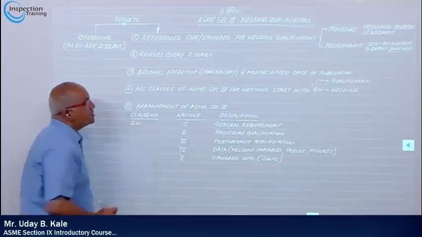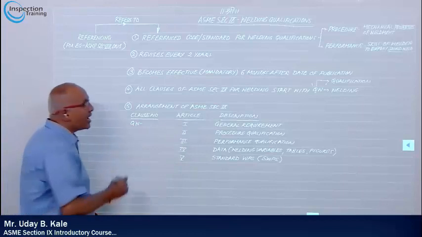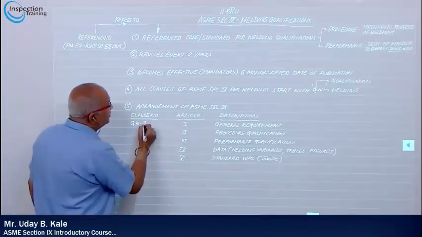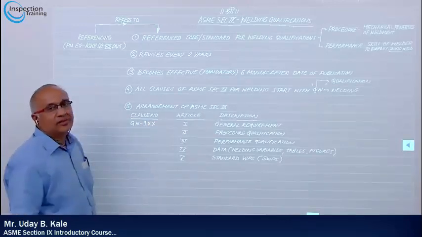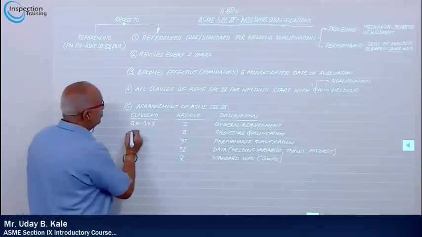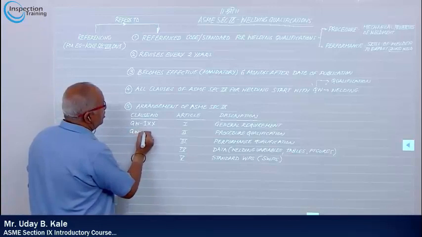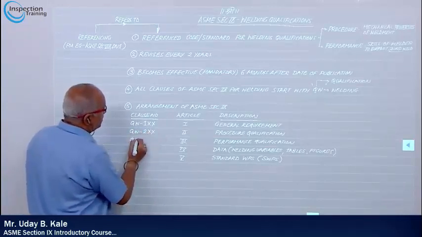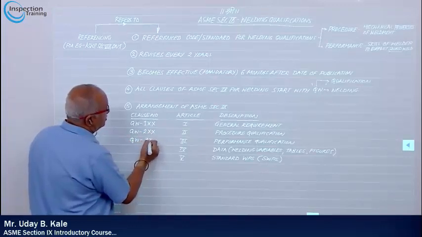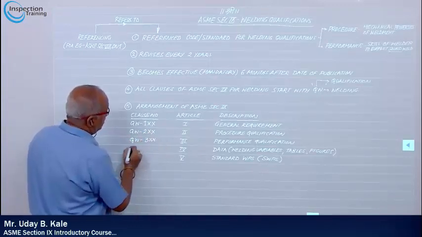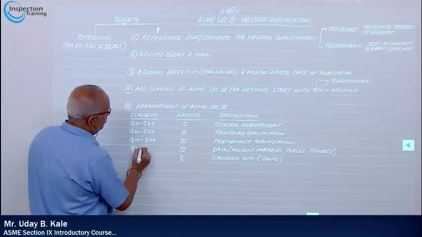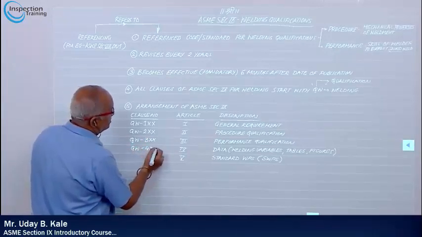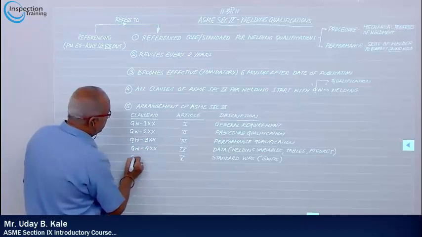All clauses of Article 1 will start with QW 1XX. All clauses of Article 2 will start with QW 2XX, Article 3 with QW 3XX, Article 4 with QW 4XX, and Article 5 with QW 5XX.